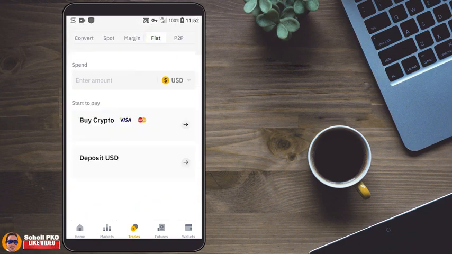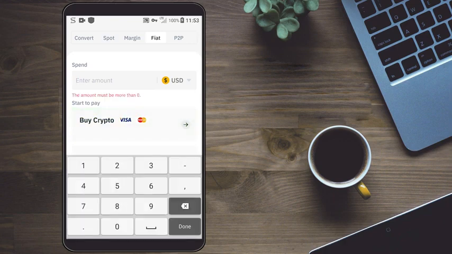Here you can buy crypto with your currency, based on the currency of your country. You may have different options here. For example, US dollar is selected here, and you can simply buy coins by your Visa or MasterCard. Let's place the amount, just for example 1.